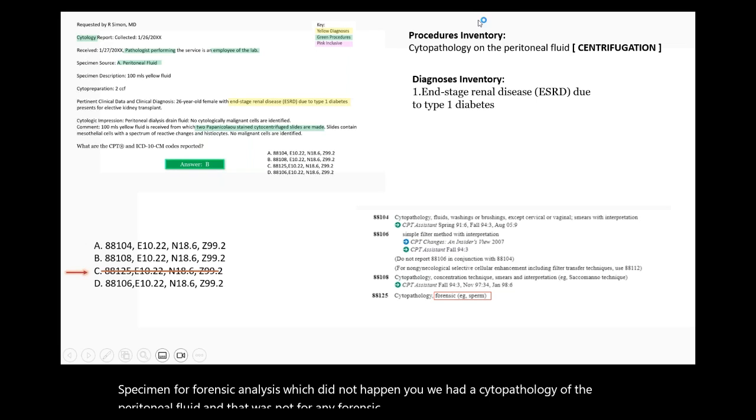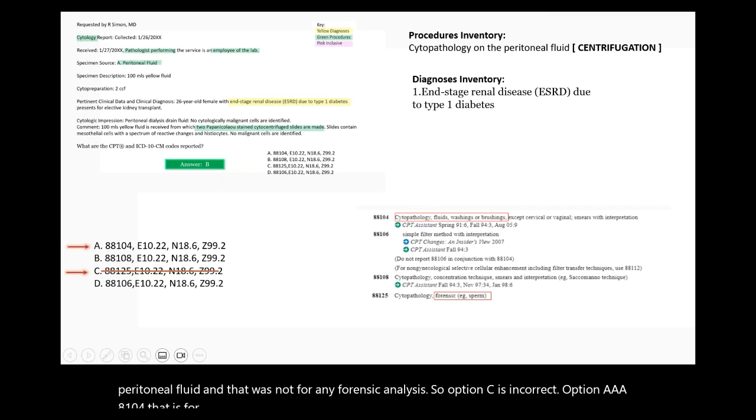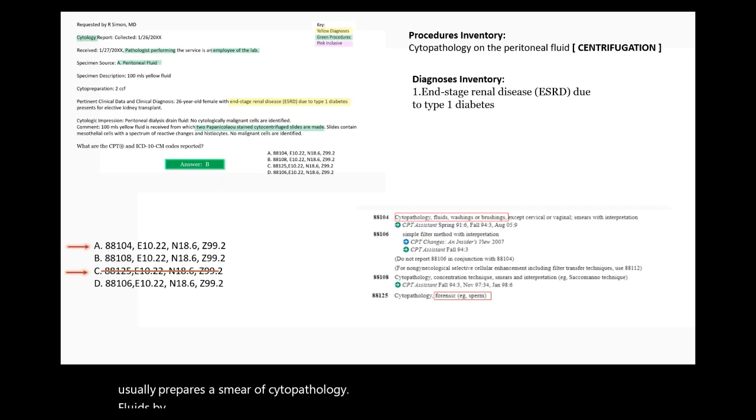So option C is incorrect. Option A, 88104, is for cytopathology, fluids, washing, and brushing. So in CPT code 88104, the lab analyst usually prepares a smear of cytopathology fluids by washing or brushing, except for the cervical or vaginal fluids, and interprets the findings.